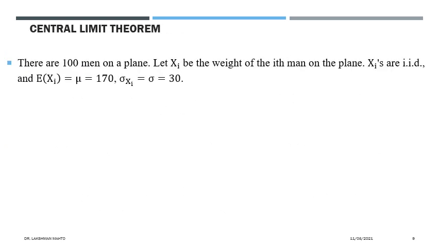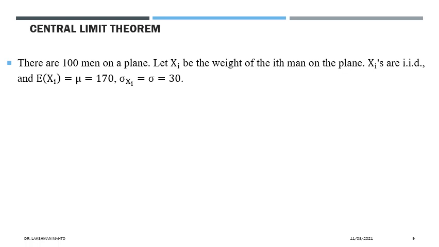So here I am taking one example, then the application of the central limit theorem would be more clear. Suppose the question comes this way: there are 100 men on a plane, and let xi be the weight of the ith man on the plane, and suppose that the xi's are IID. That means the weight of each person is independent and identically distributed, coming from the same source.